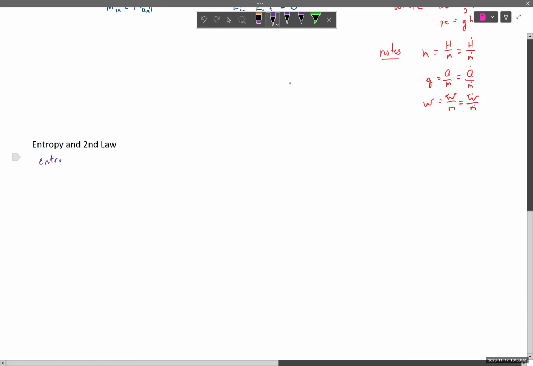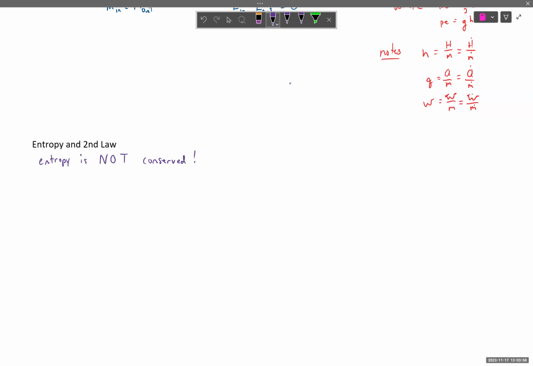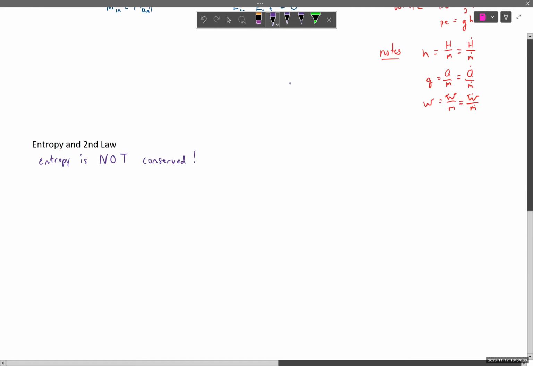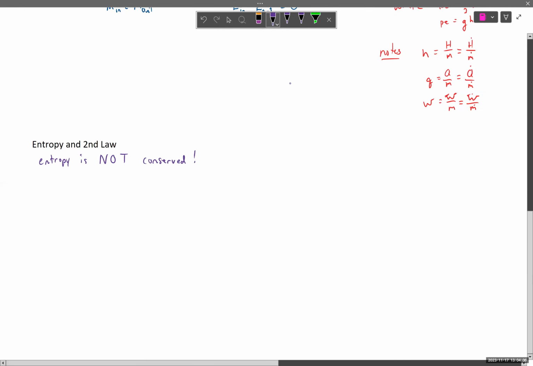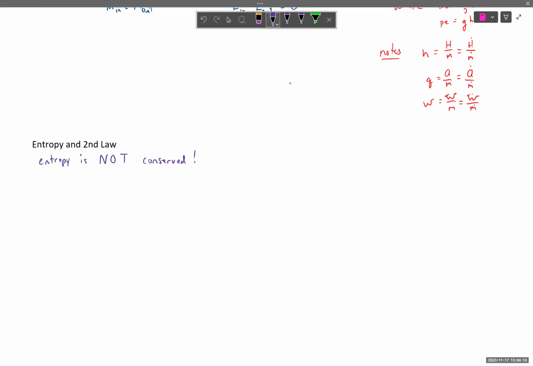Entropy is not conserved. It's not a conserved quantity. Even if we balance it, it does not imply it's conserved. And we spent a decent amount of time in that entropy section figuring out what entropy was.